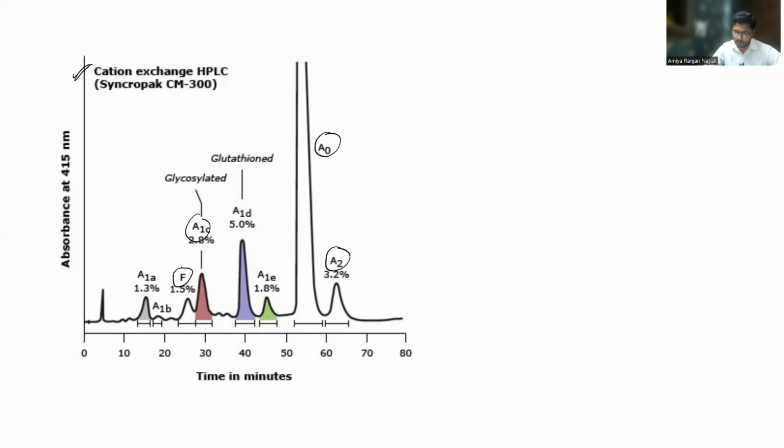More details I don't think are required at this point of time. Maybe we'll discuss a little bit more when we discuss the individual entities. So that is all about hemoglobin basics. It's slightly difficult, so you have to see the video at least 2 to 3 times, and you have to memorize everything, so that your learning of hemoglobinopathies will be very easy. So thank you so much for listening.